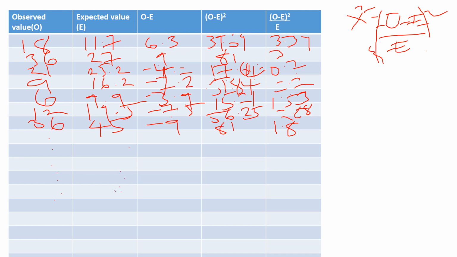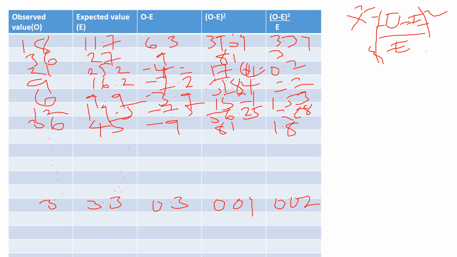To save time, I can compute the last value, which is 3.3, and the difference is 0.3. If I square this, I get 0.09, and then here I have 0.02.